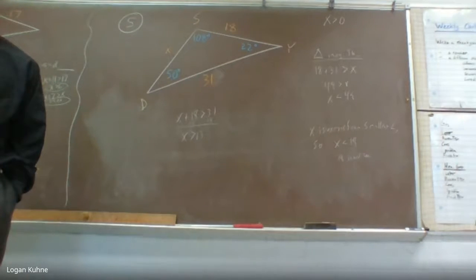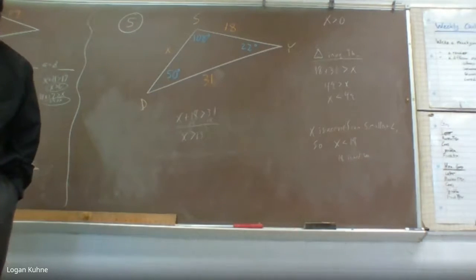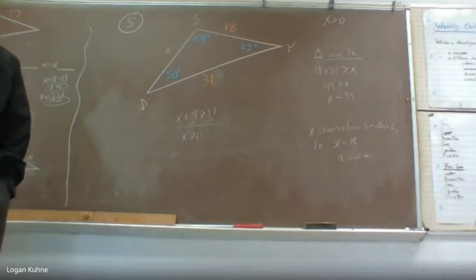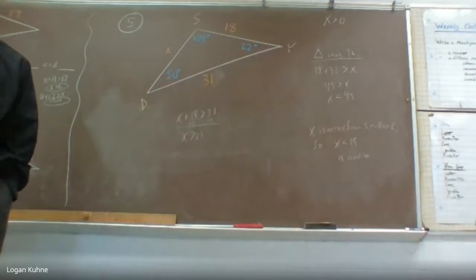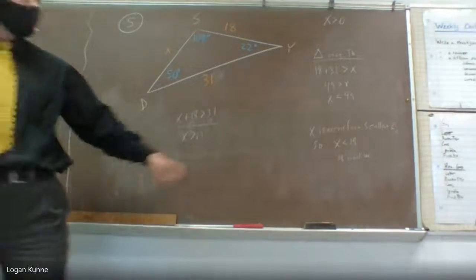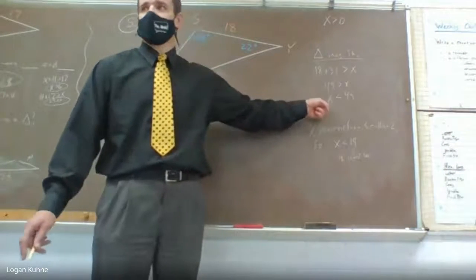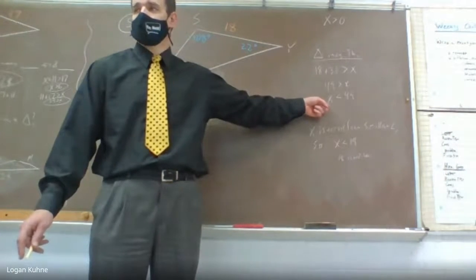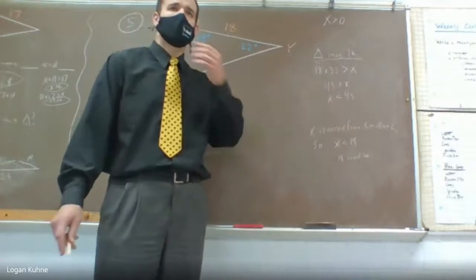It has to be greater than 13. And it can't be 48, so it can't be the triangle inequality there. So okay, it would be X less than 18. Okay. So you just kind of reasoned it through, like, if it's got to be less than 18, then it's obviously got to be less than 49. Okay, cool.